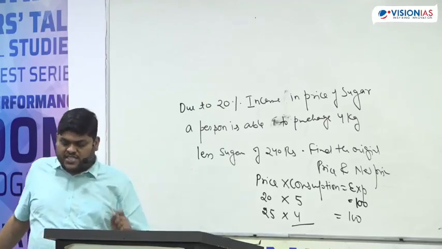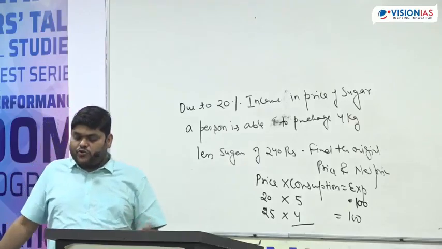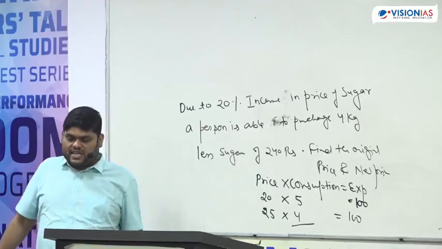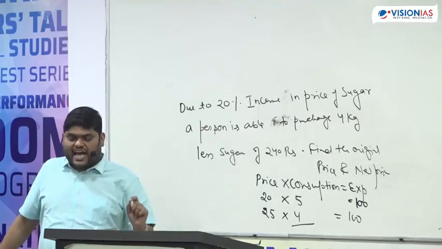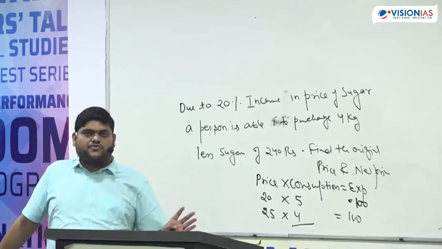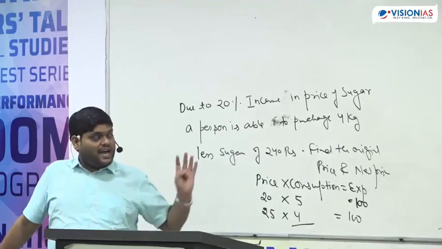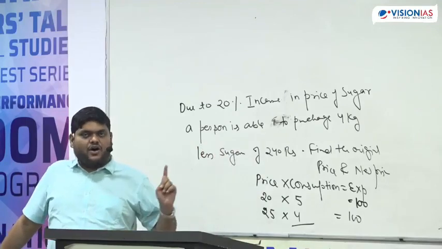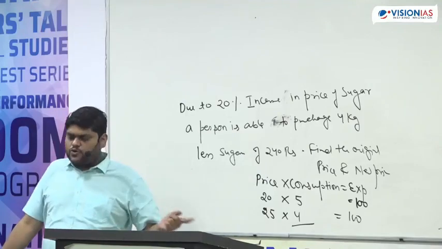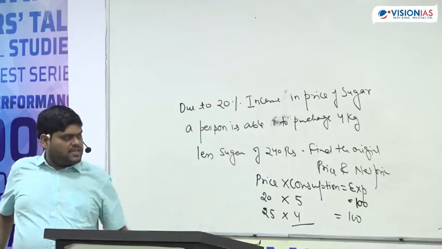The first option is 250, second option is 240, third option is 230, and fourth option is 225. There was no option as 264, and the reason is very simple, because 264 is a wrong answer. And why? I have mentioned explicitly there. Many people will make mistake here, so please listen carefully. I will come to that question again, but please solve this thing first.